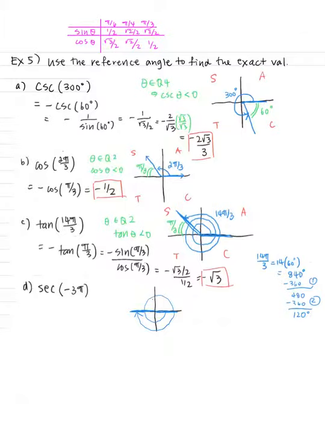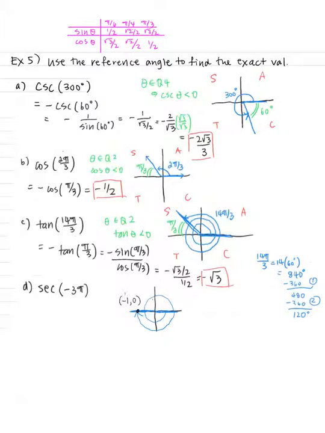Since this is a quadrantal angle, you can pick any point on that axis and pick some easy number, like using 1 and 0. In this case, x is negative, so let's call it negative 1, and then y is 0.